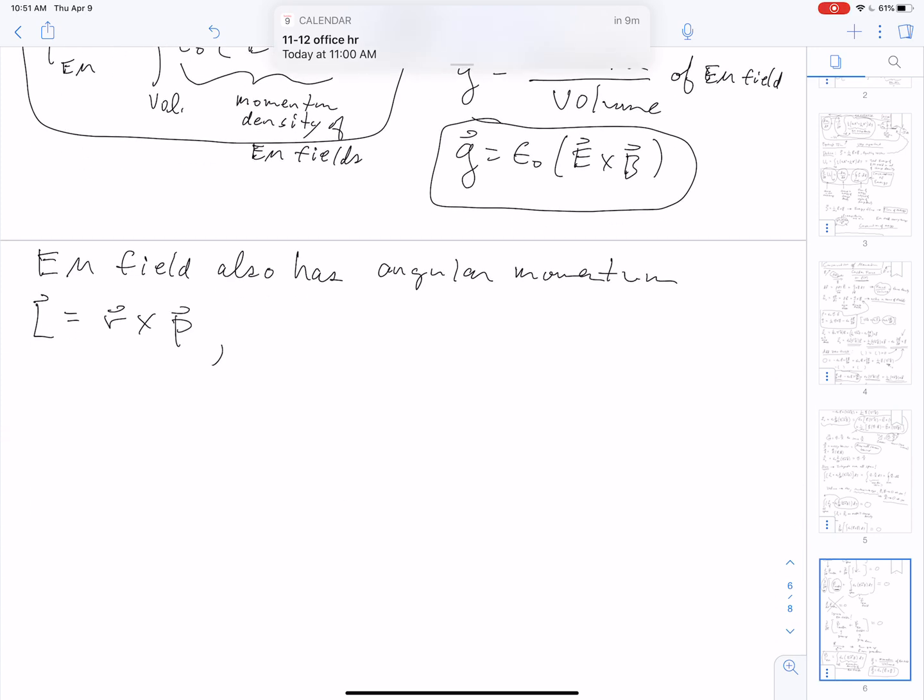So if I have some momentum density G, then my angular momentum density is going to be equal to R cross G, the angular momentum density of the electromagnetic field.